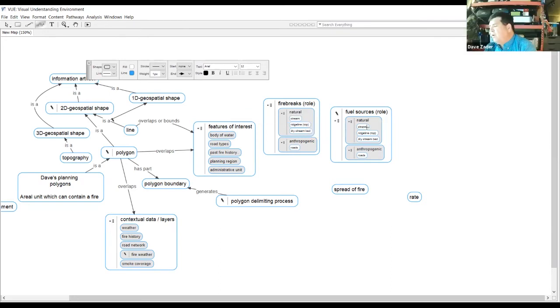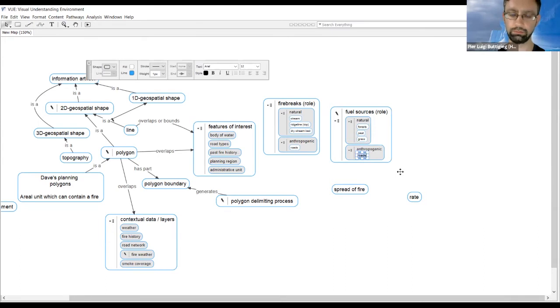Those are a general category, and that's one of the issues with fire modeling or fire prediction: the fuel categories. They're a generalization of what fuels are in that area, but they're not exactly what is in that area. They could have deeper depth, more components.